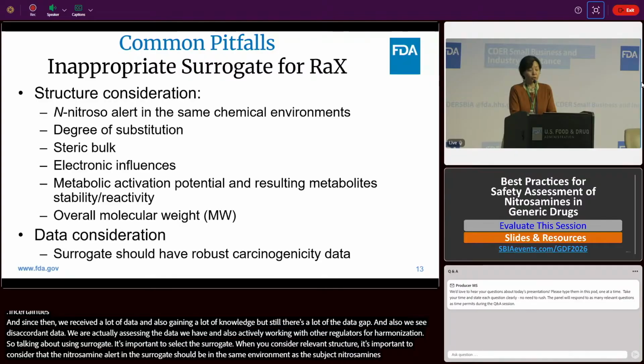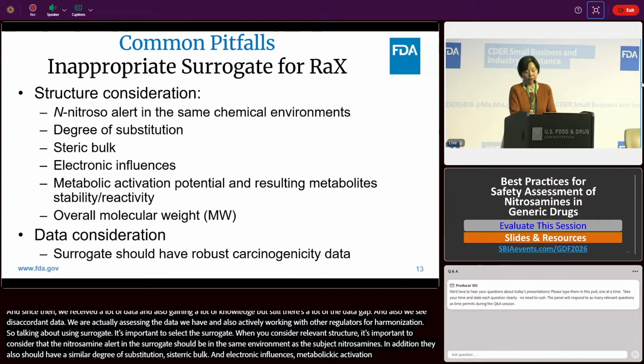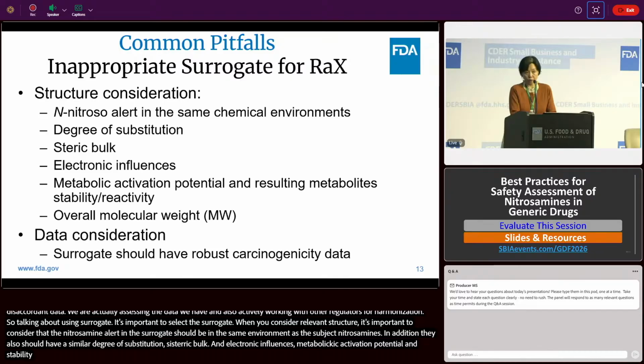In addition, they should have a similar degree of substitution and steric features. Electronic influences, metabolic activation potential, and stability and reactivity of the resulting metabolite should also be considered, in addition to the overall molecular weight. And very importantly, the surrogate should have robust carcinogenicity data.